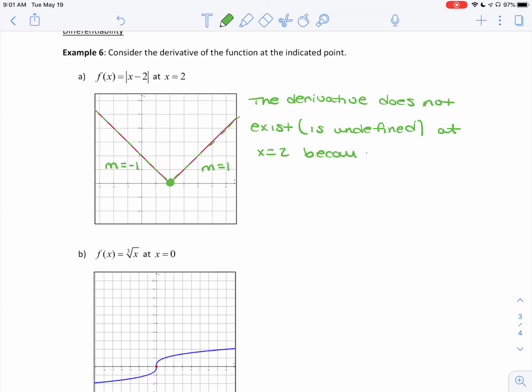And the rule here is going to be because there is a sharp corner or a sharp turn. Okay, anytime you have a sharp turn in a graph like that, the derivative is undefined.